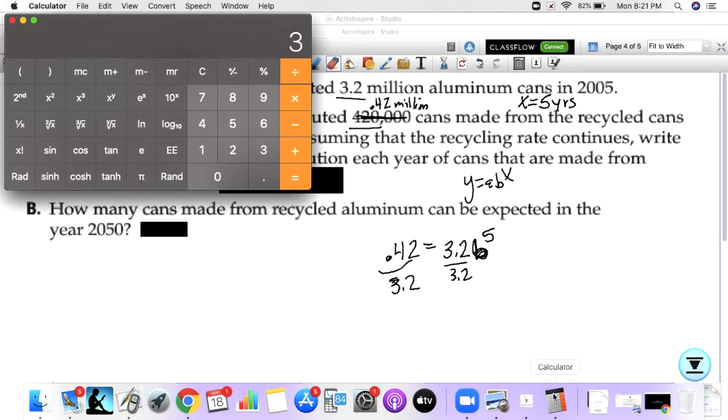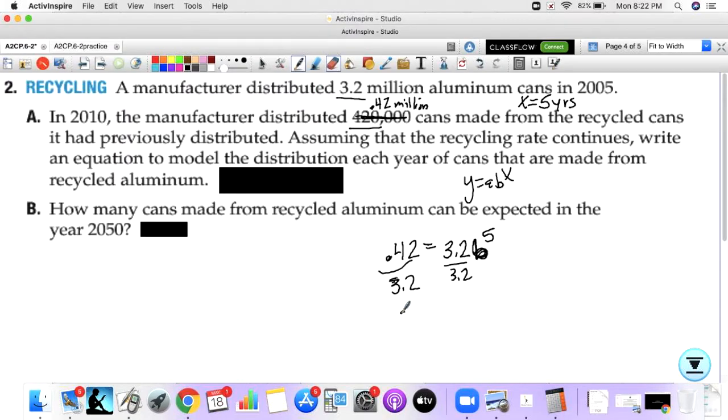0.42 divided by 3.2, 0.13125. So 0.13125 equals b to the 5th. I'm going to 5th root both sides. Those cancel.